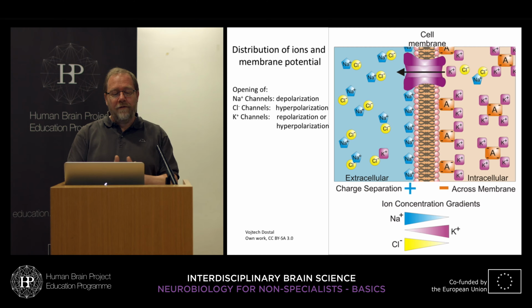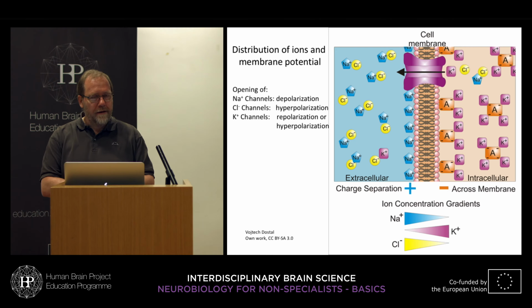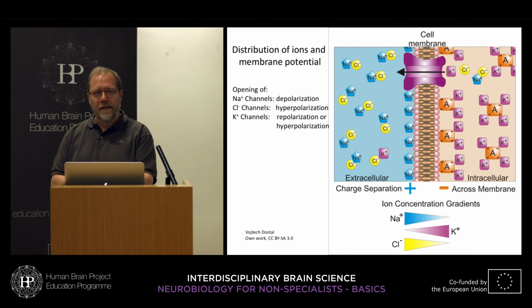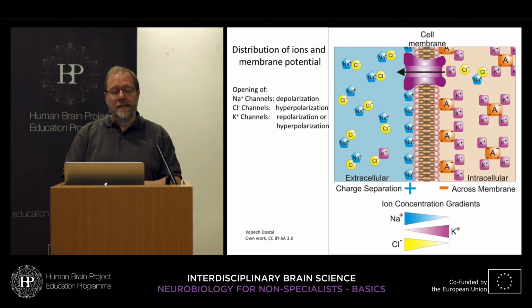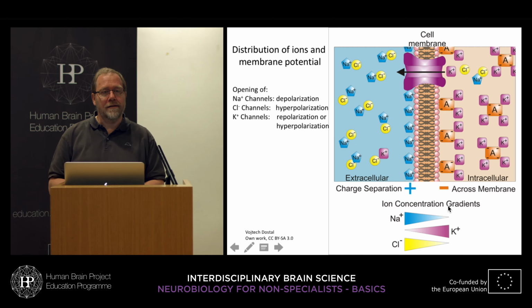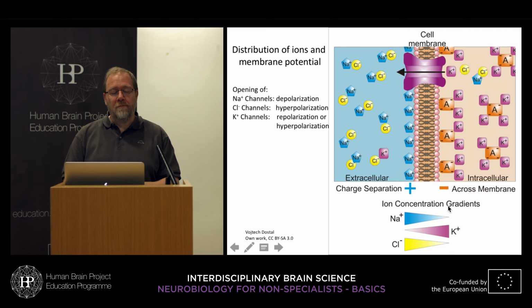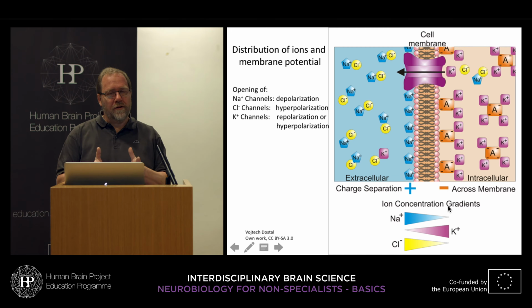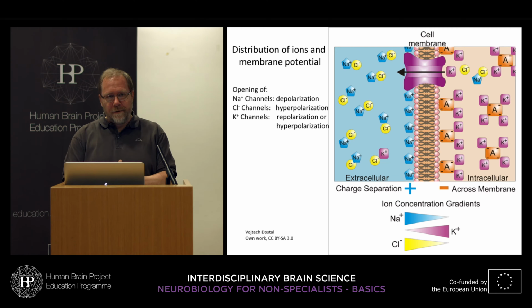If I open a sodium channel, then sodium can flow along its gradient from outside the cell to the inside. And we see that we have a charge separation along the cell membrane: a lot of positive charge outside the cell and a lot of negative charge inside the cell, which is called membrane potential and which is important for stability and for signaling.